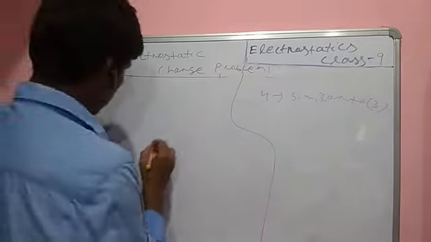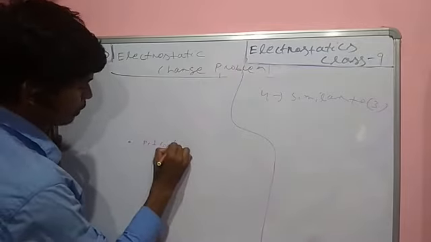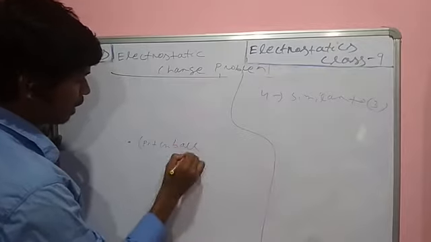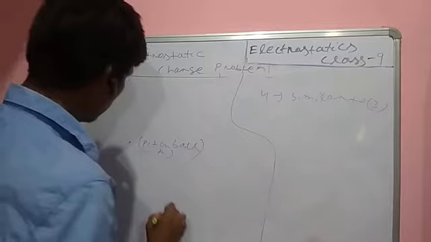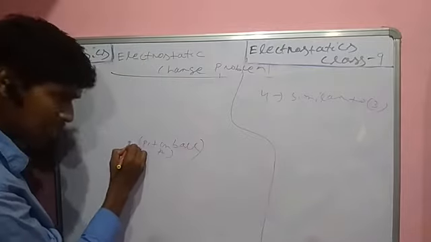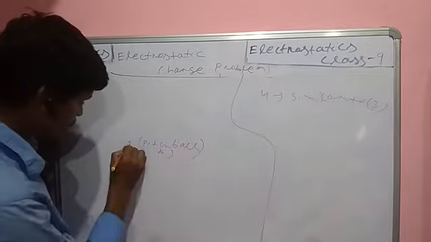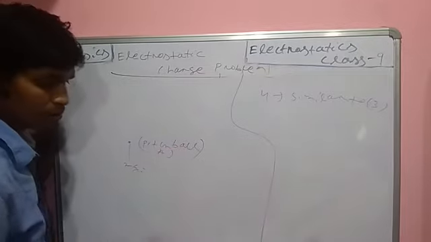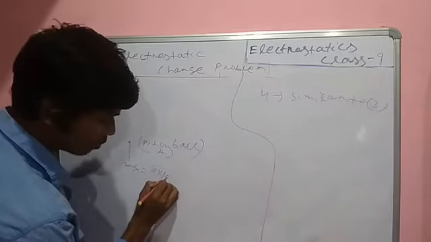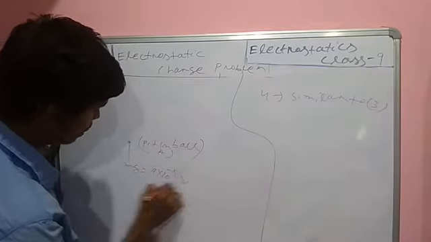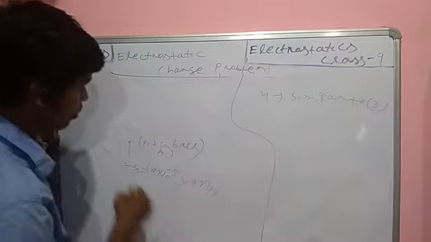Suppose there is a pith ball A. It has mass, so it also has weight due to gravity. So mg is what? The mass of pith ball A is given as 9 into 10 to the power minus 5 kg, into g. The value of g is 9.8. It is in Newton.